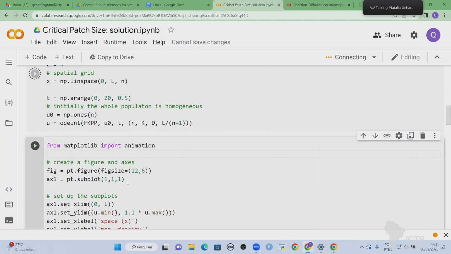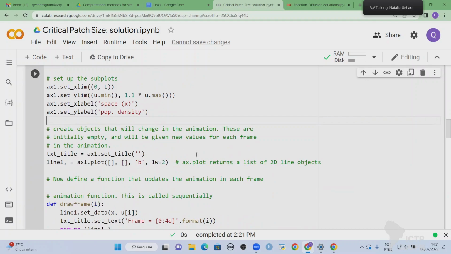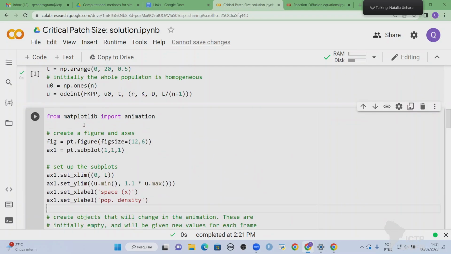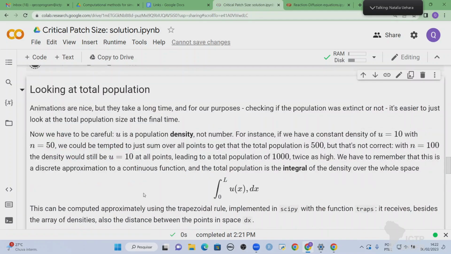So let me see if there was anything weird going on here. It ran. Now let's look at the animation. I run this, and now I will render the video over here.